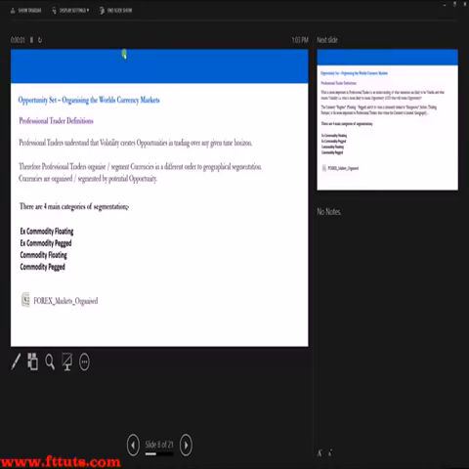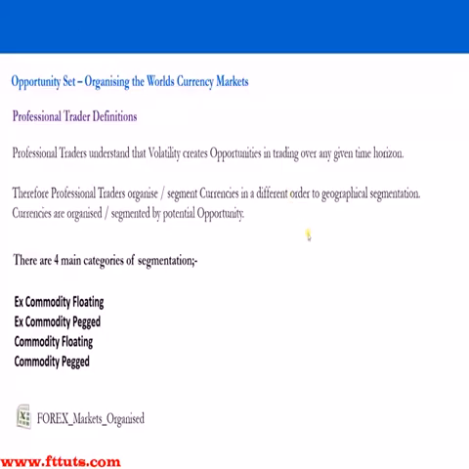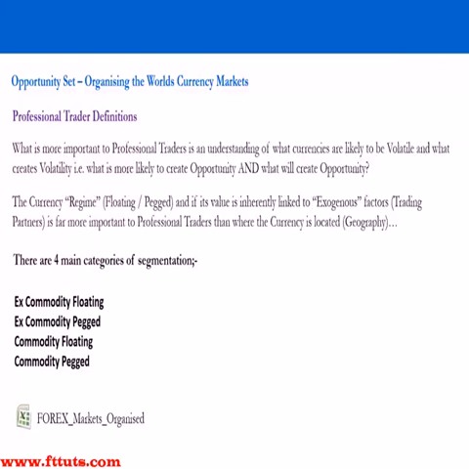Just familiarize yourself with it, because it's important to start getting familiar with these definitions, because we build on these things later in the video series. The Forex markets organized sheet has the breakdown in the presentation, so if you download it, you can familiarize yourself with it in your own time.